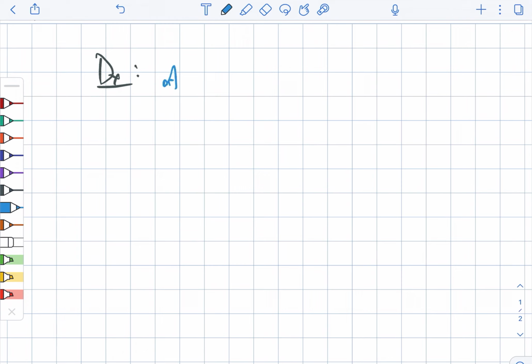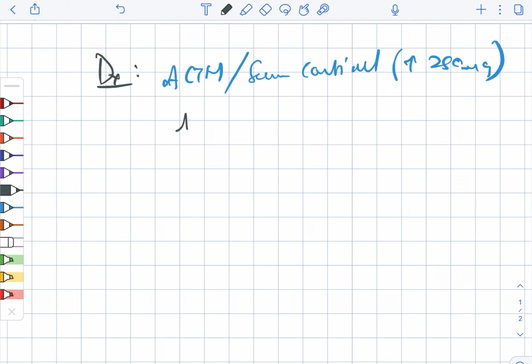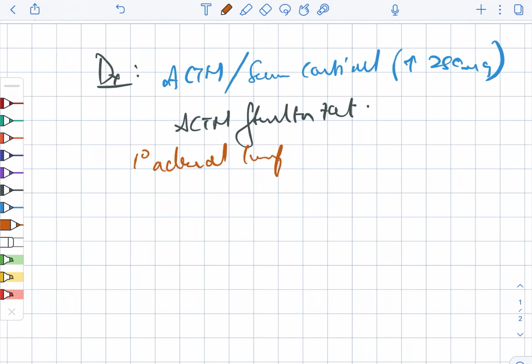Now, looking at the diagnosis of primary adrenal insufficiency. Diagnosis includes, firstly, we measure the ACTH and the serum cortisol. This is with the high dose of up to 25 microgram, and the ACTH stimulation test is performed.